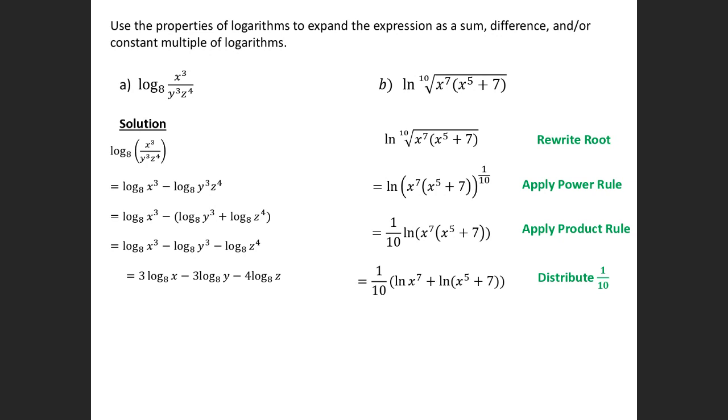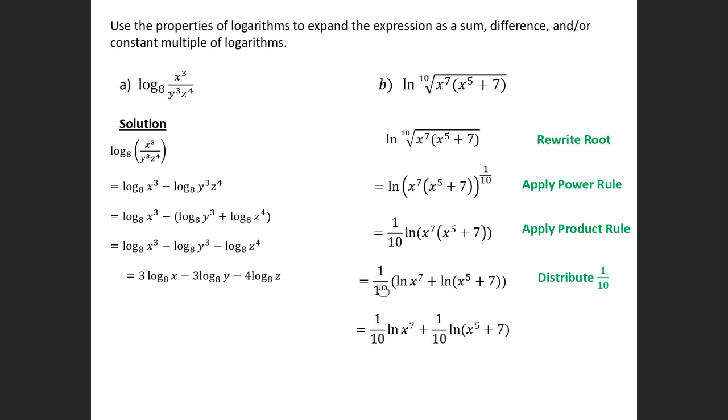Okay, so we can distribute 1/10. So 1/10 times each of these natural logs would give us 1/10 natural log of x to the 7th and 1/10 natural log of x to the 5th plus 7. So all of these are done for a reason, right? They're going to help us to solve equations, which is going to be our ultimate goal.